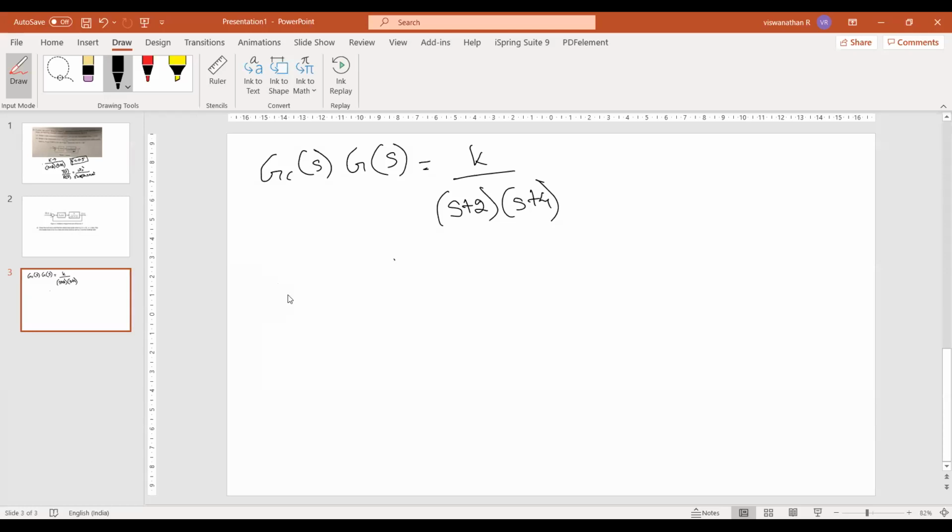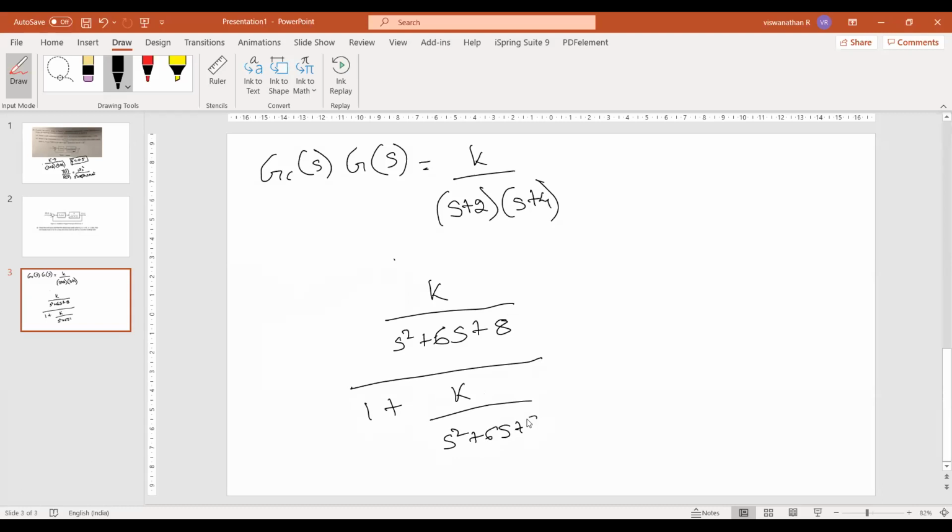So what is the closed loop transfer function of this? K divided by, this is s square plus 2s plus 4s, this is 6s plus 8, divided by 1 plus k divided by s square plus 6s plus 8.